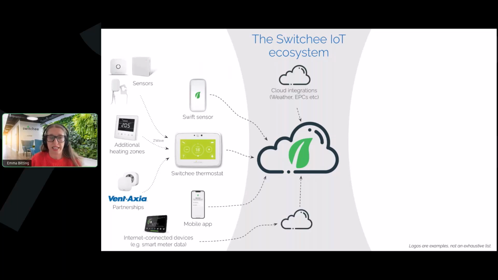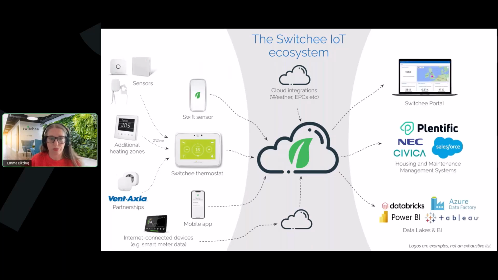That data that is collected via the Switchee is surfaced up to our cloud, where we also collate and overlay external information such as EPCs, also weather data, and that also is how we build our algorithm, which gives us our risk metrics. This is surfaced via the Switchee portal, via numerous housing management systems.